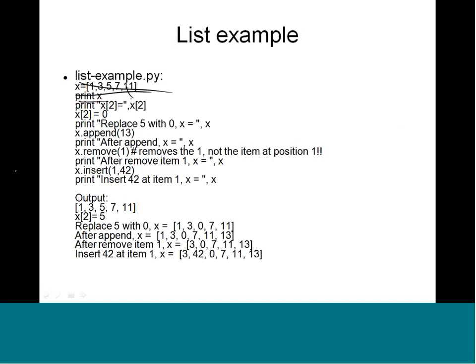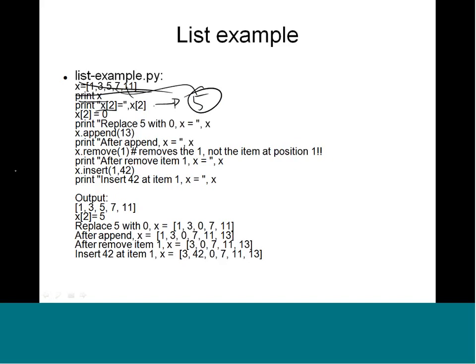Now when we print x[2], can anyone tell me what this one is? This is actually, now it's 5. x[2] is 5.